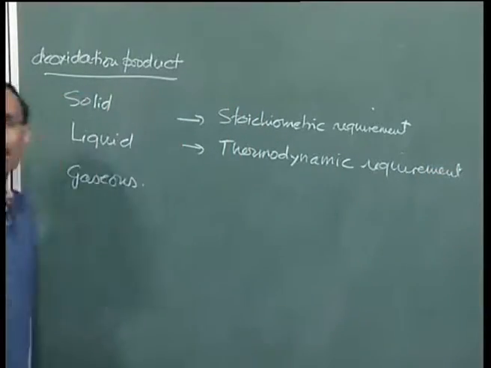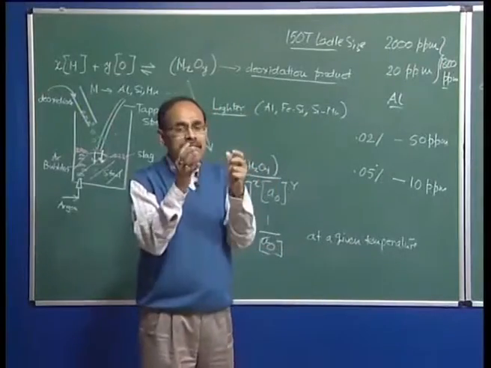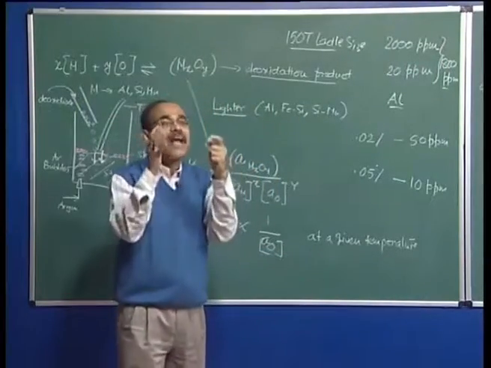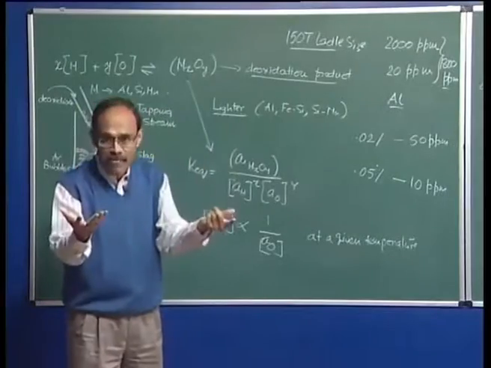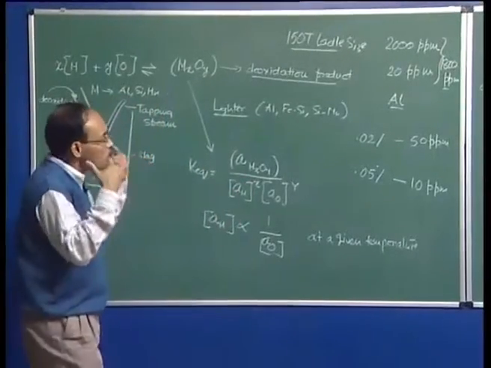What do I mean by stoichiometric requirement? For every 16 grams of oxygen, you are going to need 27 grams of aluminium. Straightforward calculation. This is the stoichiometric requirement.